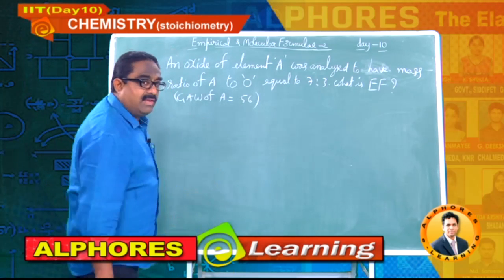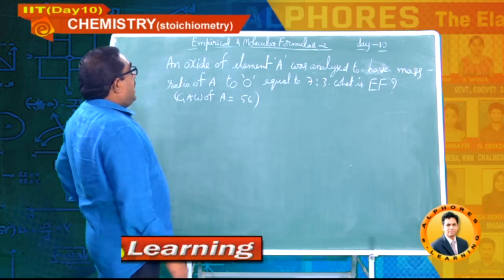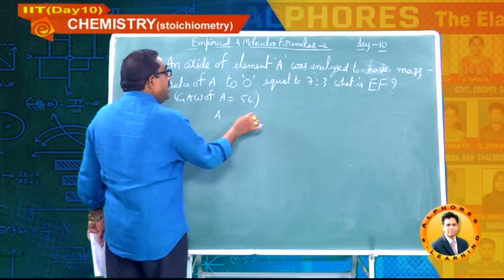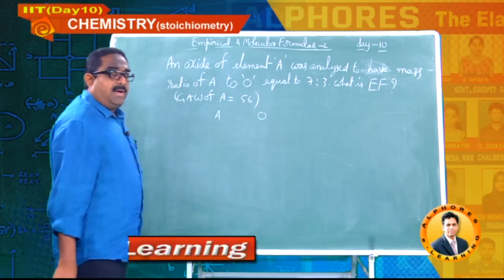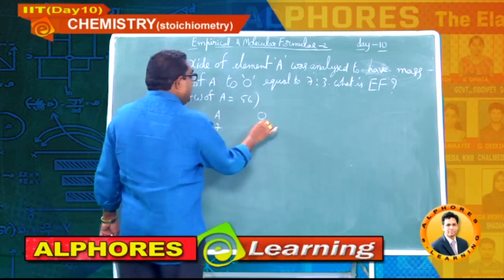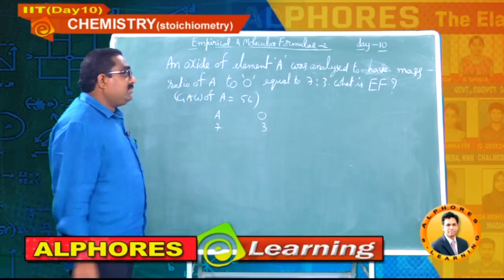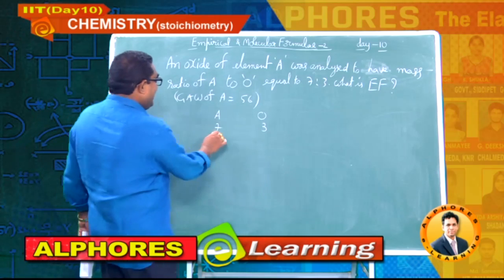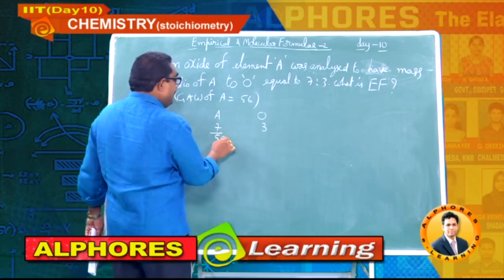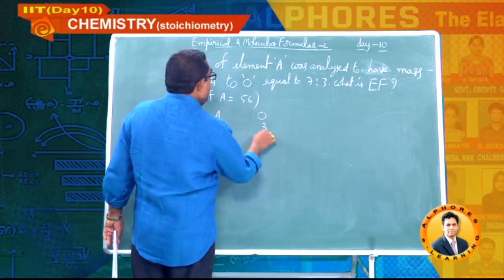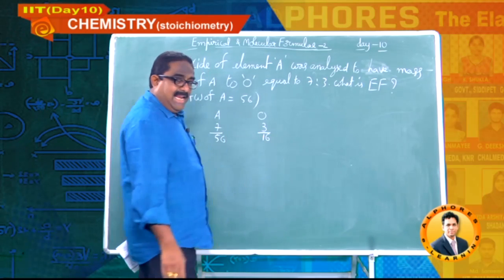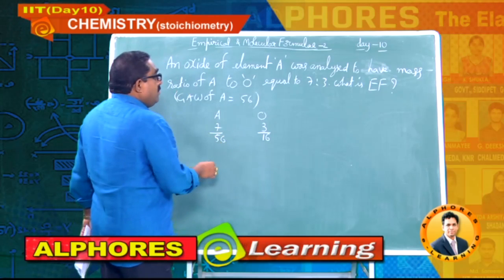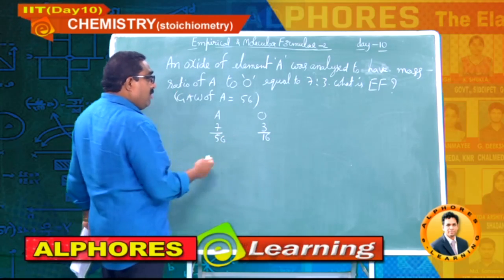Now let us solve this. Again, the mass ratio he has given. A and oxygen, 7:3, and we have to divide with respect to atomic masses. 7 by 56, 3 by oxygen's atomic mass 16. Now we have to go for the minimum.